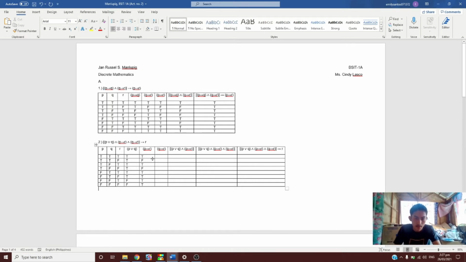So it implies P to letter R. Next is Q implies R. So T, F, T, T, T, F, T, F.